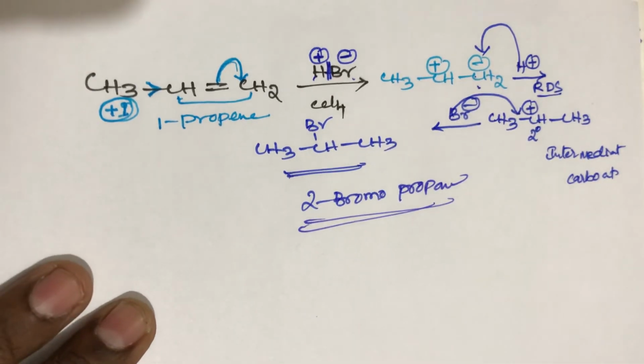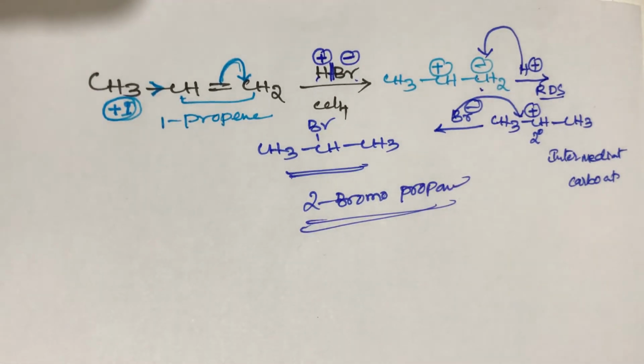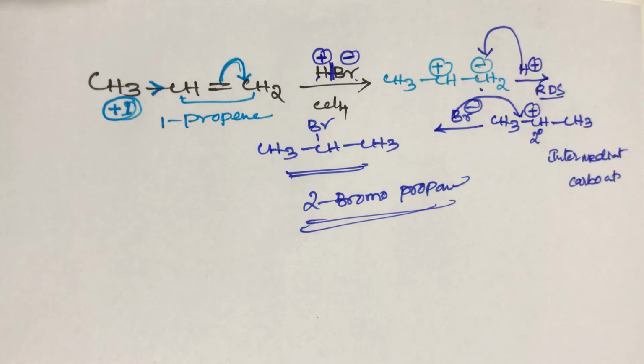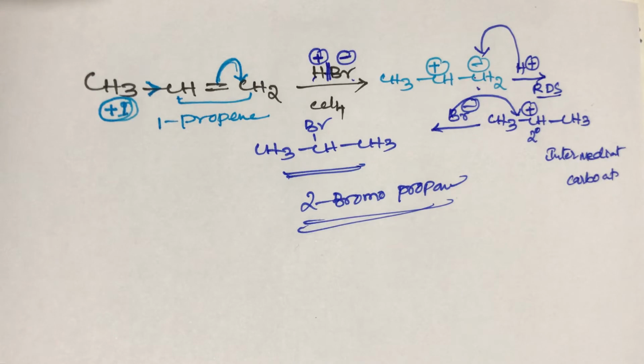So, in electrophilic addition reaction, in the first step the electrophile attacks the negative charge side, and in the second step the nucleophile attacks the positive charge species.